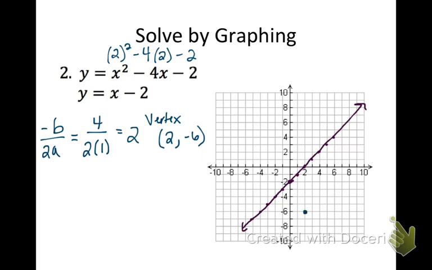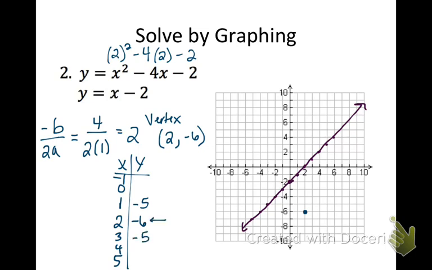Now, to get the rest of the points, I just need to fill out an xy table. So I'll put my vertex in the middle, and then maybe we'll plug in 1, 0, and maybe even negative 1, 3, 4, and 5. Okay, if we plug 1 into our equation, so 1 squared minus 4 times 1 minus 2, we're going to get out negative 5. And since quadratics are symmetric, I also know that if I were to plug in 3, I would get out negative 5.